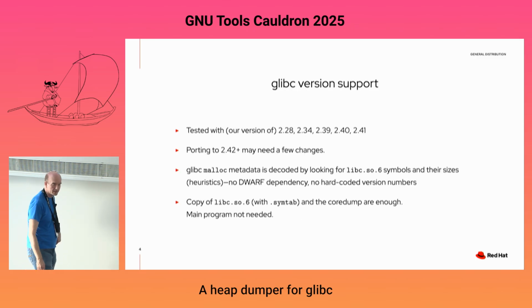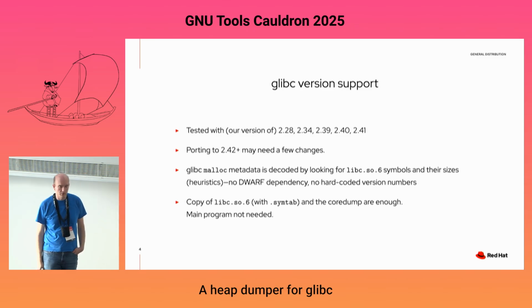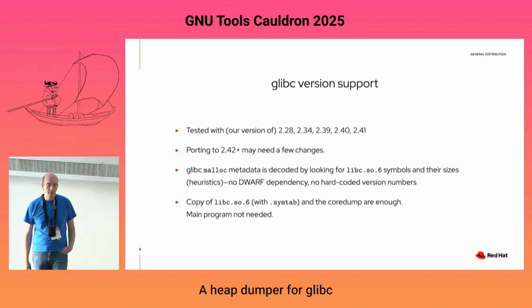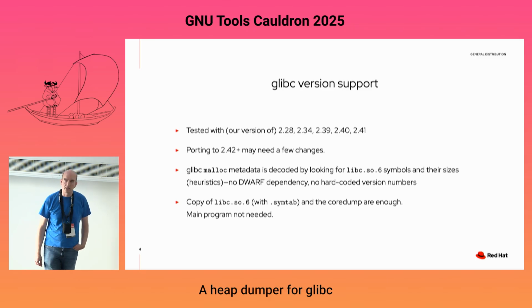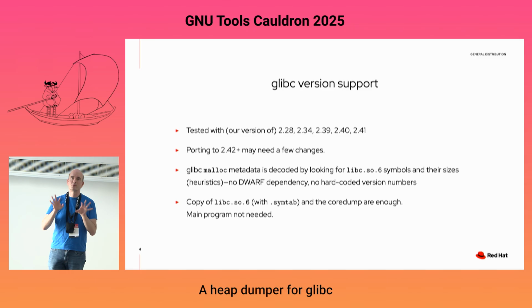The way this works is we have a fairly broad coverage for glibc versions, only up to 2.41. 2.42 I haven't tested yet, but I suspect there may be some tweaks needed. What we do is we look at symbols and symbol sizes inside libc.so.6, and based on that we make guesses where the critical offsets are.